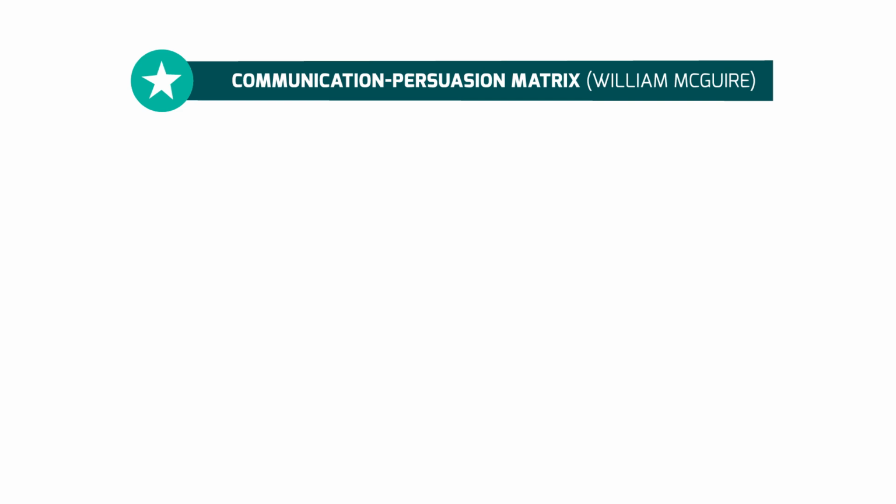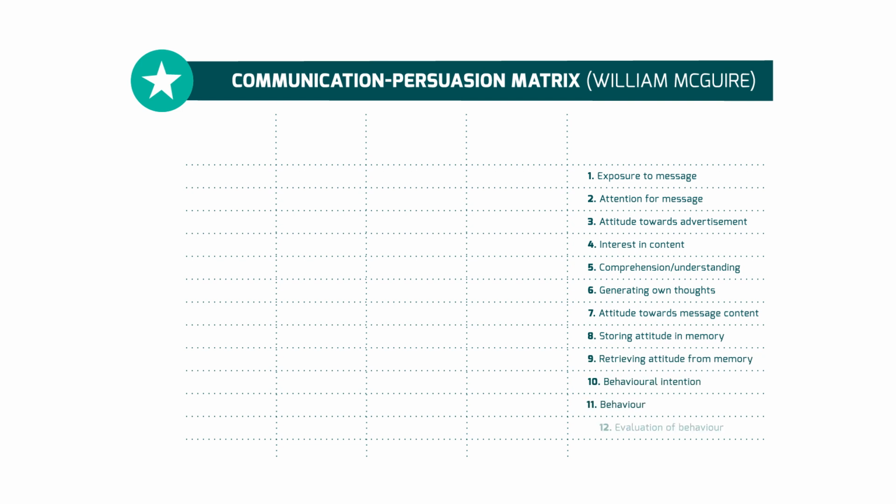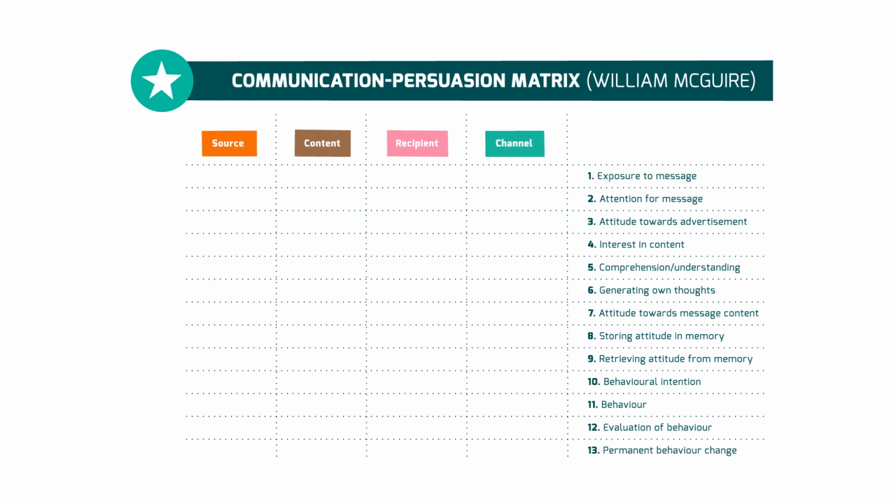In the 60s, he started with 6 steps, but over the years, he has expanded his communication persuasion matrix to at least 13 steps. Furthermore, McGuire combined these steps with variation in source, content, recipient, and channel. As you can see, this matrix is a visualization of the famous phrase from Laswell, who says what to whom, via which medium, with what effect.